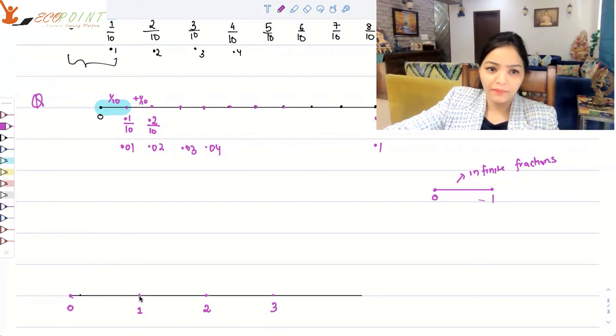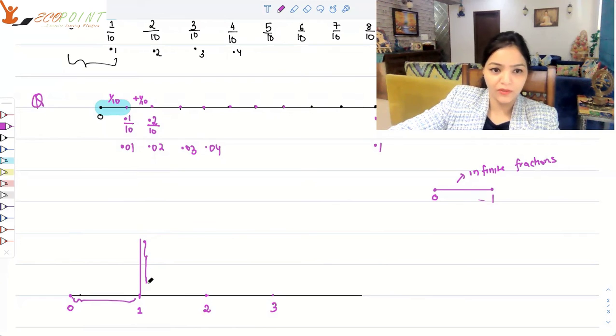Now, if I pick from this point 1 and I take exactly this distance up here in the space, this is exactly equal. So I'm going to call this also 1 unit up. And then I join this point and this point.